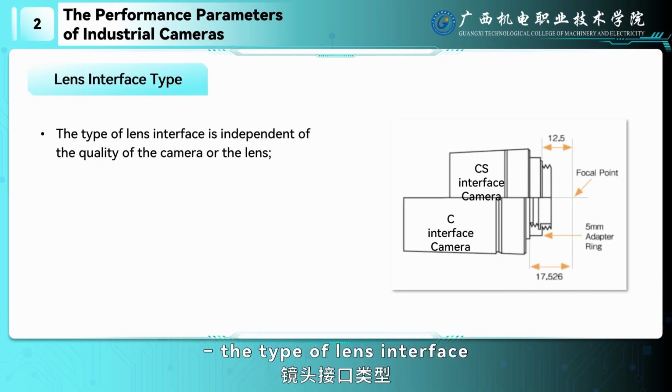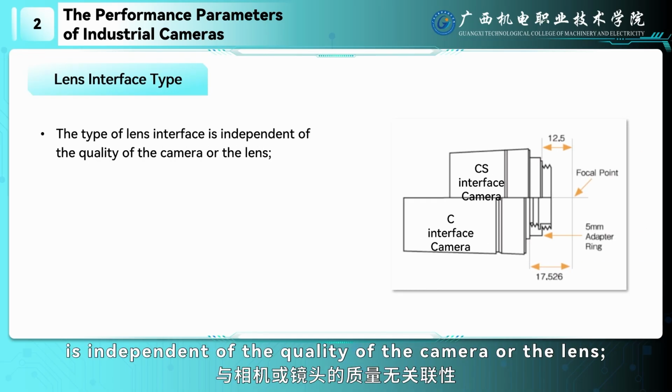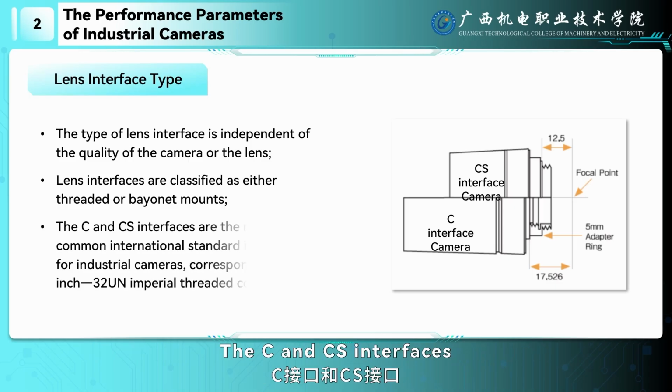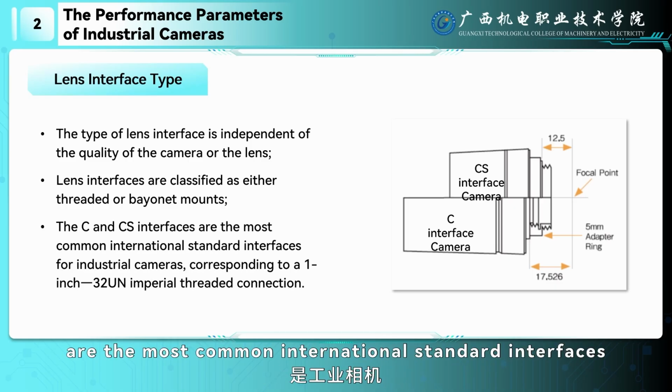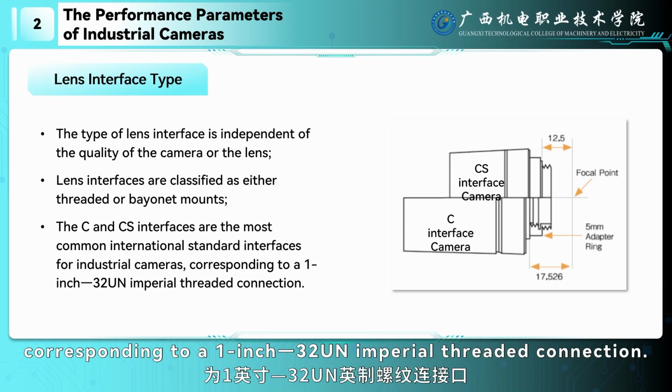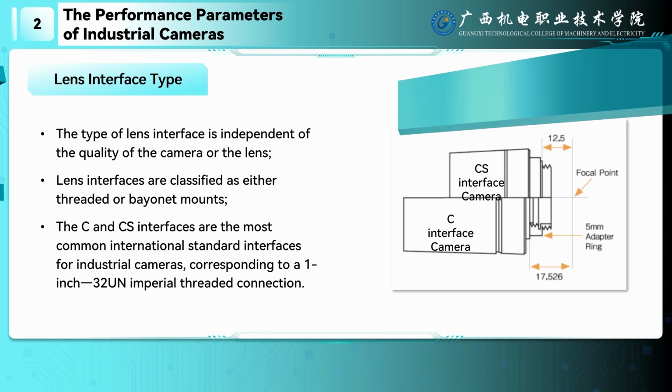The type of lens interface is independent of the quality of the camera or the lens. Lens interfaces are classified as either threaded or bayonet mounts. The C and CS interfaces are the most common international standard interfaces for industrial cameras, corresponding to a 1-inch, 32 UN imperial threaded connection.